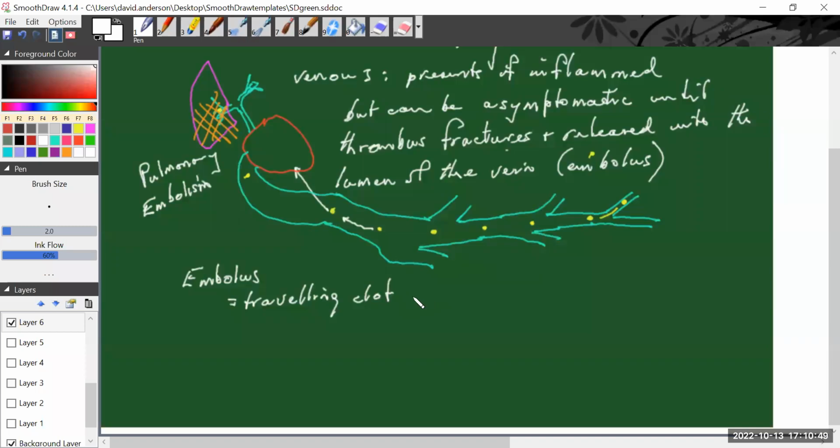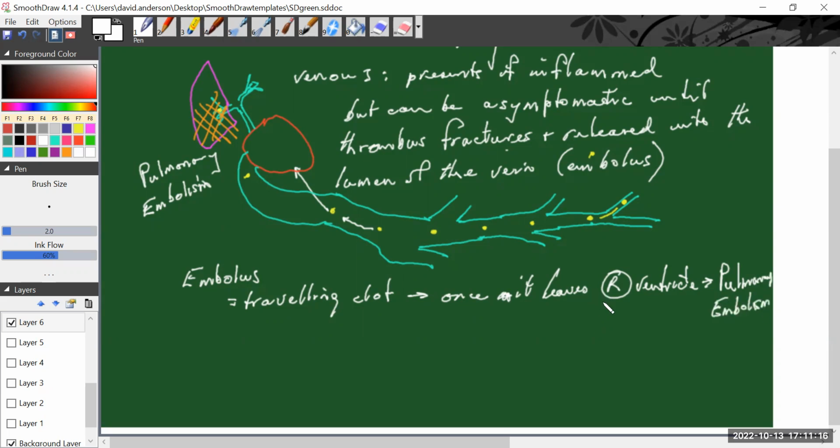So once it leaves the right heart, the right ventricle, it could cause the pulmonary embolism.